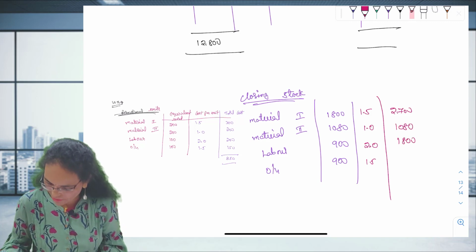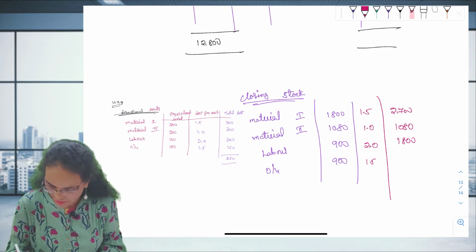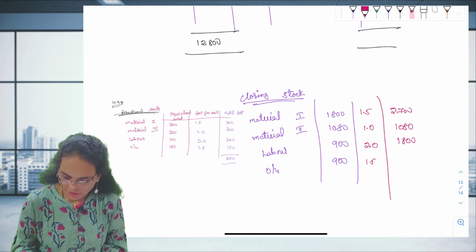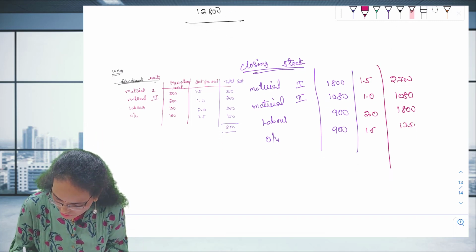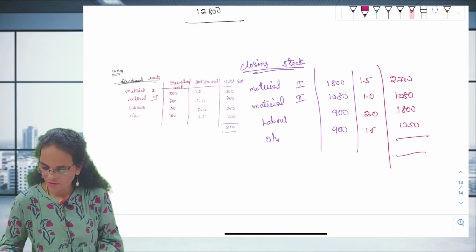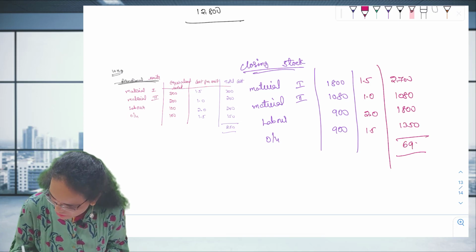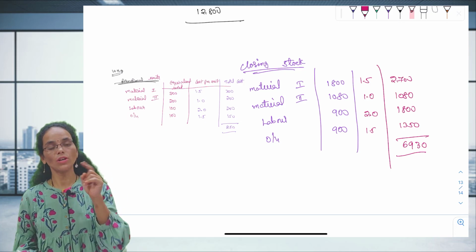Then 1800 and 1350. That is 6930. This is the value of the closing stock.